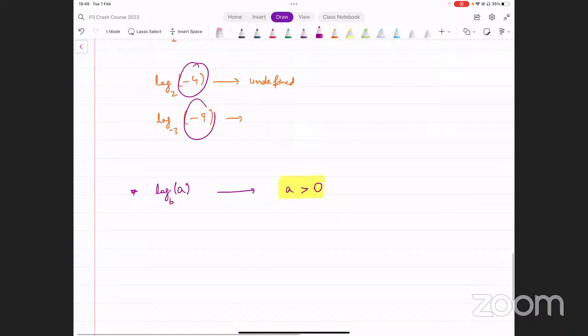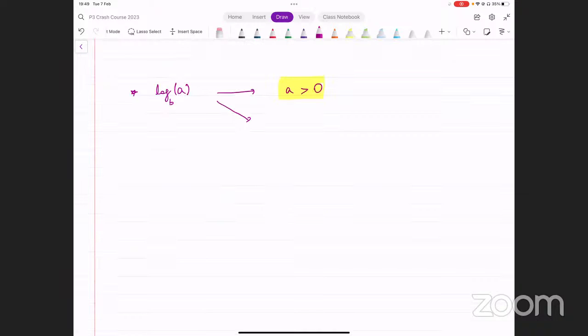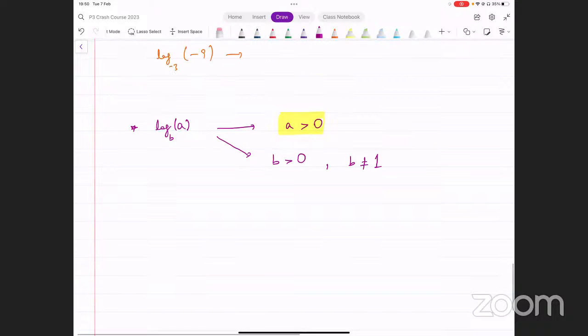There's another condition. The base that you've got here should also be positive. And there's another condition for that: it cannot be 1. So there are two conditions. The base has to be positive, and even among positive numbers, it cannot be 1 because 1 causes these problems.